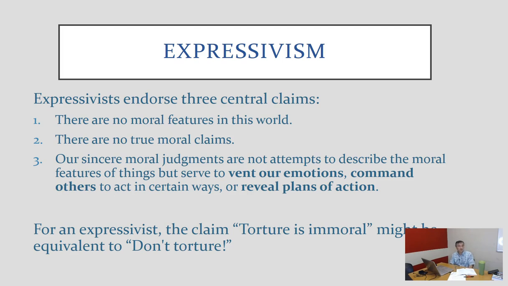So that's the difference: the error theorist, at least, you could say, takes moral judgment at face value as being a claim grounded in something or a report about the world. It's trying to describe something about the world, okay? And therefore it can be true or false. But the expressivist makes this move to translate the moral judgment into something else that is neither true nor false, okay?